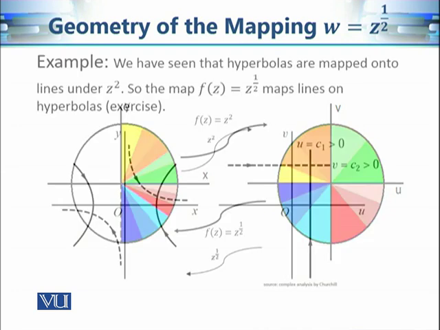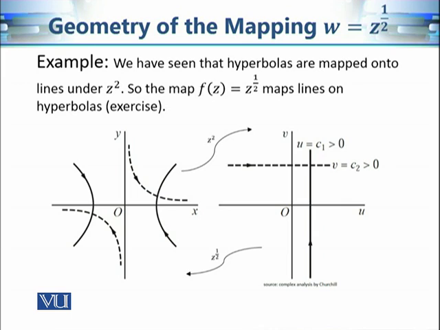Remember, when we applied z square on the hyperbolas, they became horizontal and vertical lines. Now, of course, if we apply this principal root function onto straight vertical and horizontal lines, then we should be able to get hyperbolas. I am going to leave this fact as an exercise for you, and this is exactly the opposite of the case that we studied for the z square map.